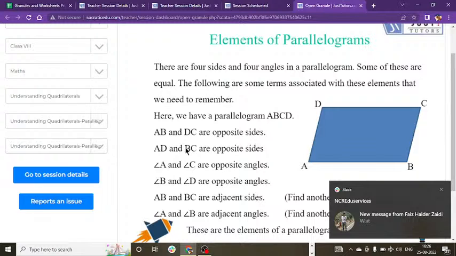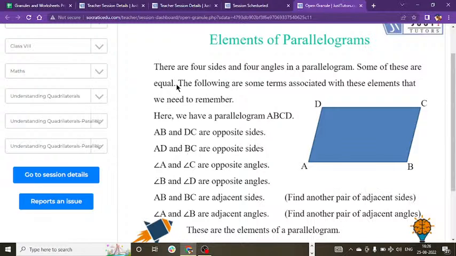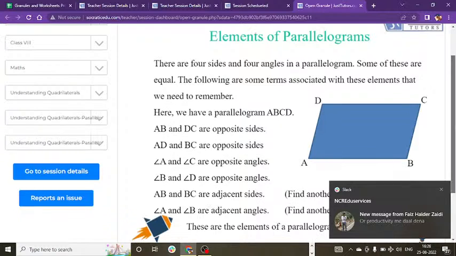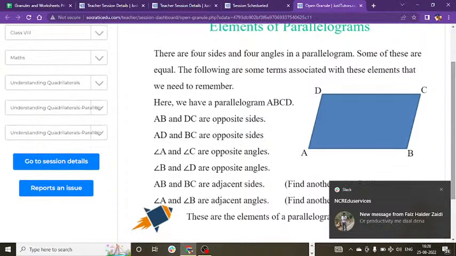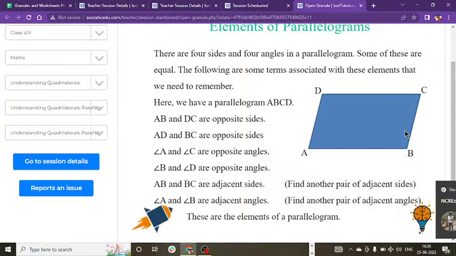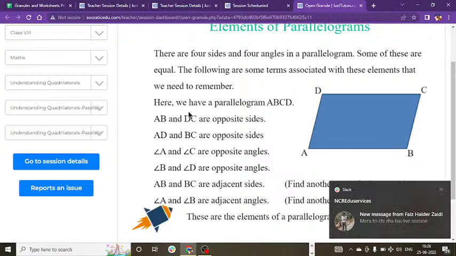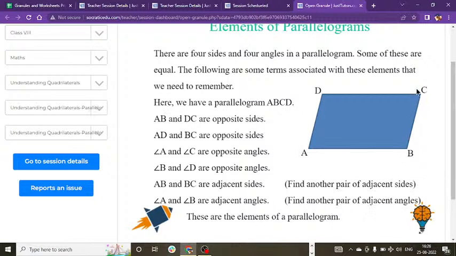So here we have parallelogram ABCD. Here AB and DC are opposite sides.